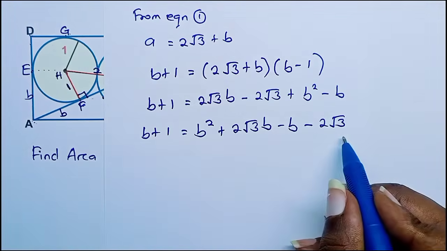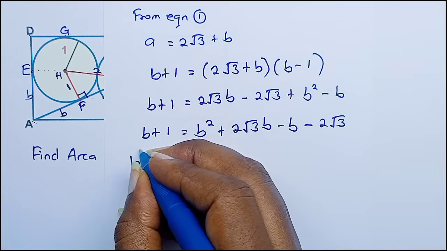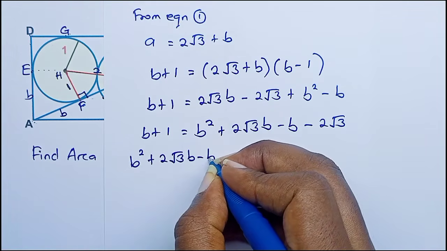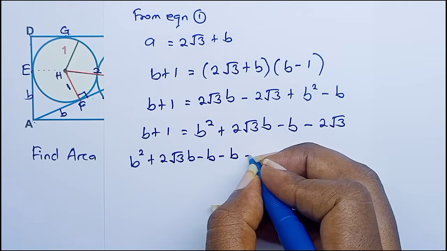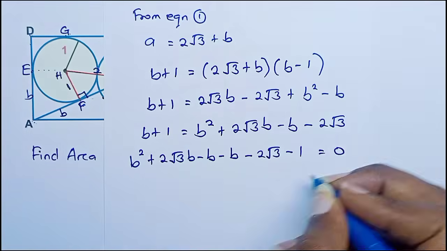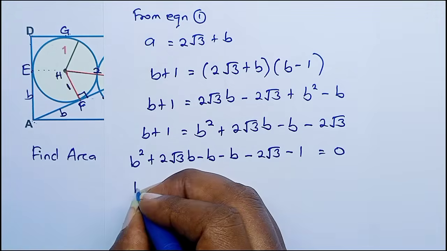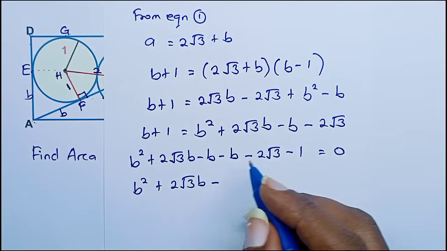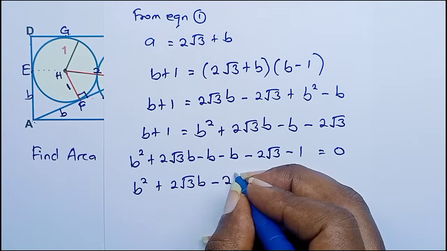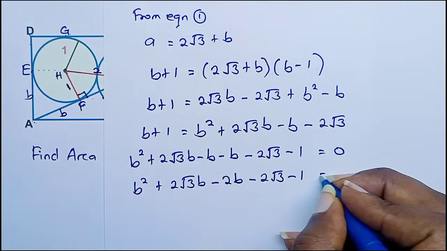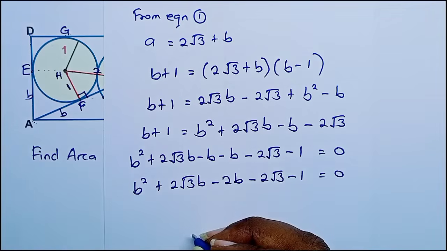So we take this side, we shall have b squared plus 2 root 3b minus b minus b minus 2 root 3 minus 1 equal to 0. So we have b squared plus 2 root 3b minus, this gives us minus 2b minus 2 root 3 minus 1 equal to 0.